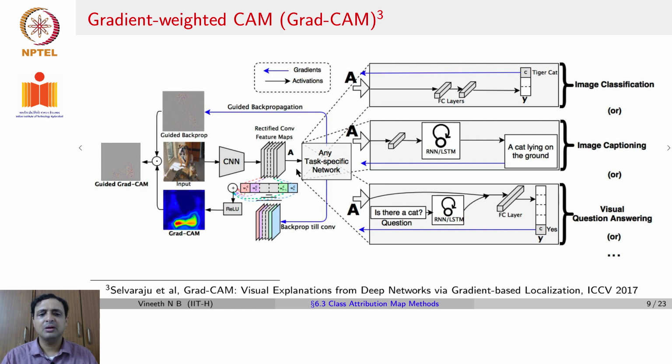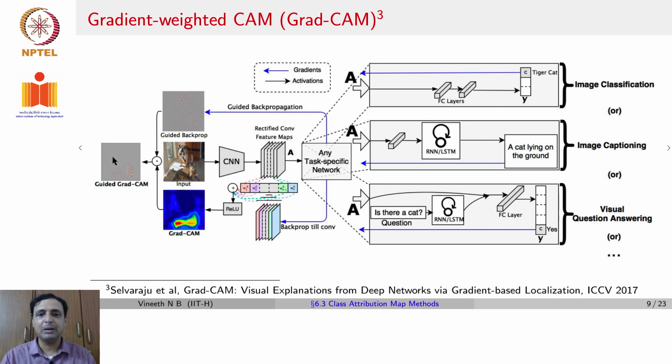In Grad-CAM, because we want to ensure that only positive correlations are shown in the final saliency map, we apply a ReLU on the weighted combination of the activation maps, and that becomes our final Grad-CAM saliency map. The method also talks about adding guided backpropagation to make a variant of Grad-CAM called guided Grad-CAM.